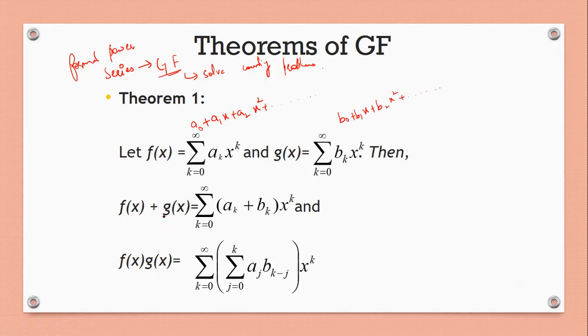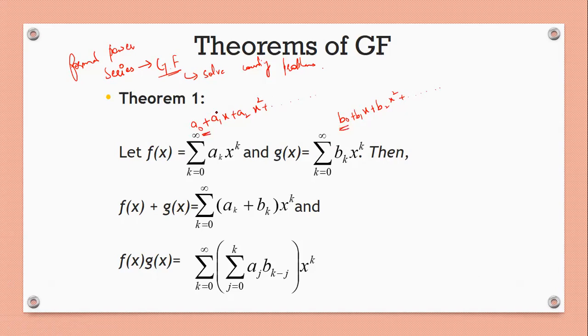Then what will be f of x plus g of x? We will add the coefficients which have the same power. So a0 plus b0, then we will add (a1 plus b1) into x. Whatever are the same coefficients, we will just add those.